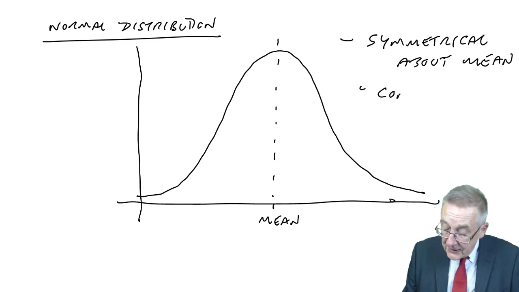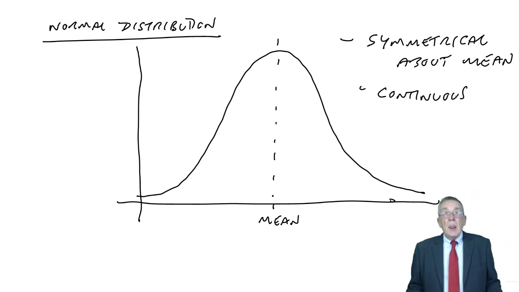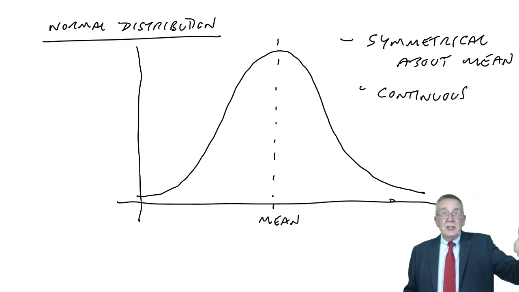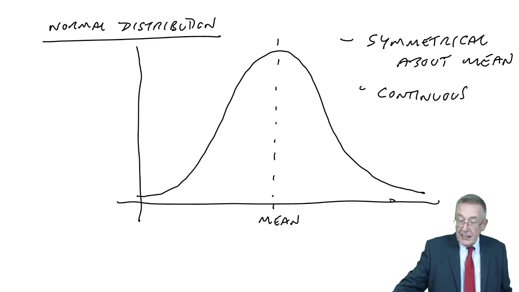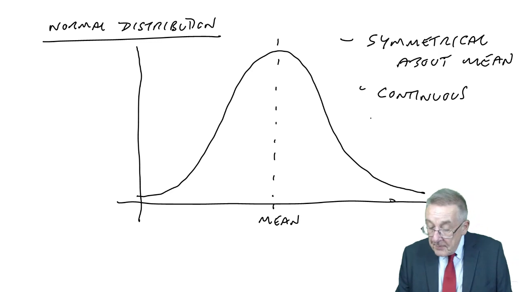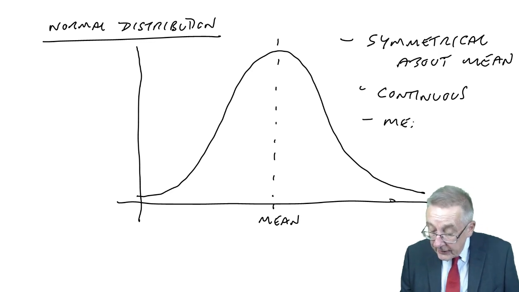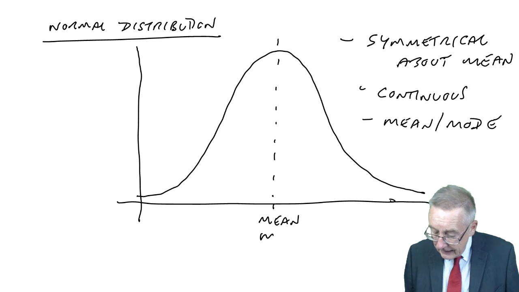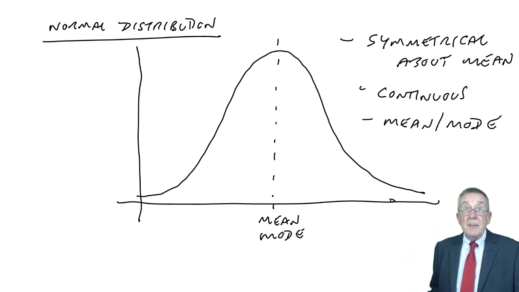It's continuous, so there are no sudden jumps anywhere. It's a nice smooth curve. The mean and the mode are the same. Now, I've explained what they both mean.